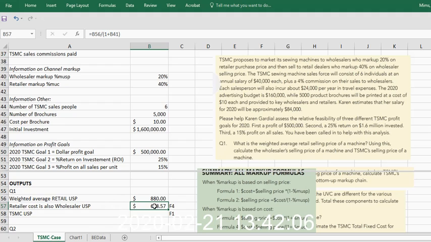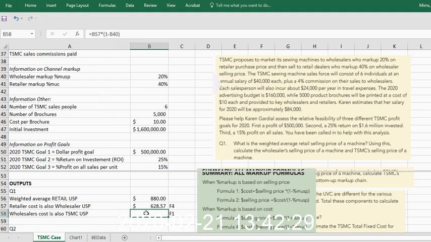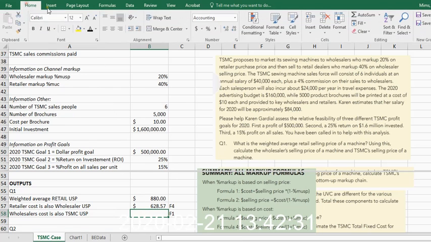Then, now that we know the cost for the retailer, which is the wholesaler's selling price, we can now determine what is TSMC's, Tupelo's selling price, which is what? It's also the wholesaler's cost. I'm going to just type that in here so we can remind ourselves. All right, so let's take a look at that formula.